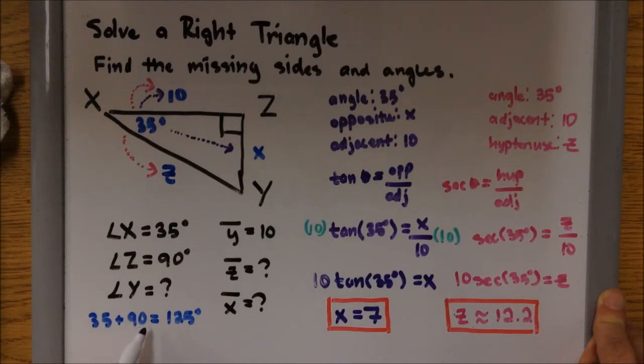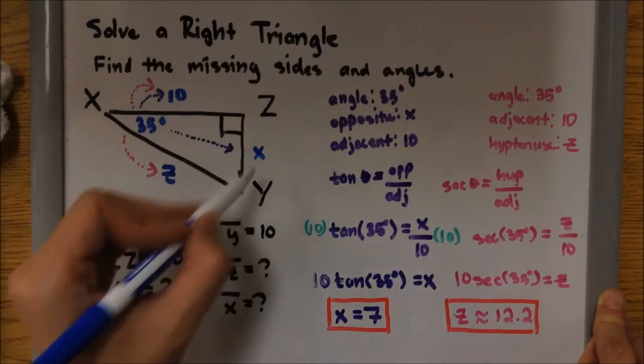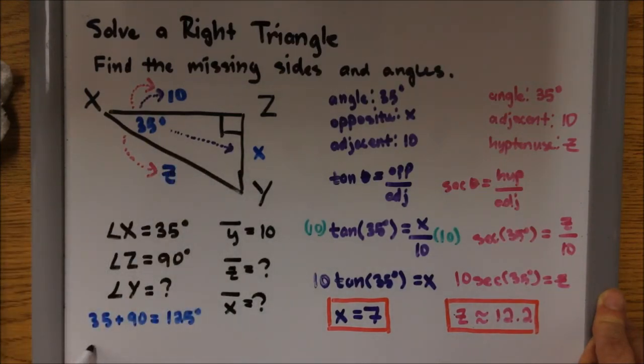So if we want to find angle y, the missing angle, again, all angles add up to 180, so we're going to subtract the total, which is 180 degrees minus 125 degrees. That is going to equal 55 degrees.